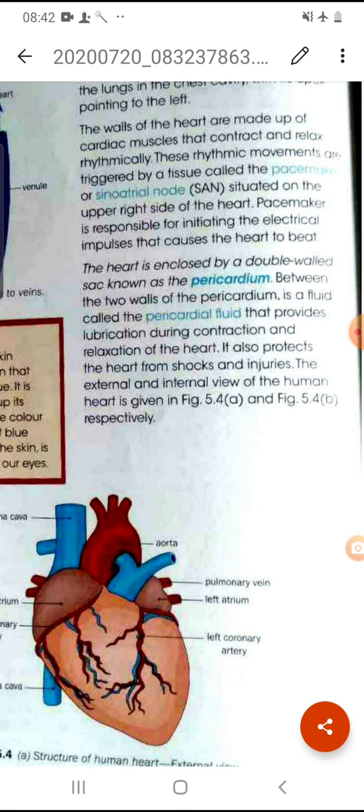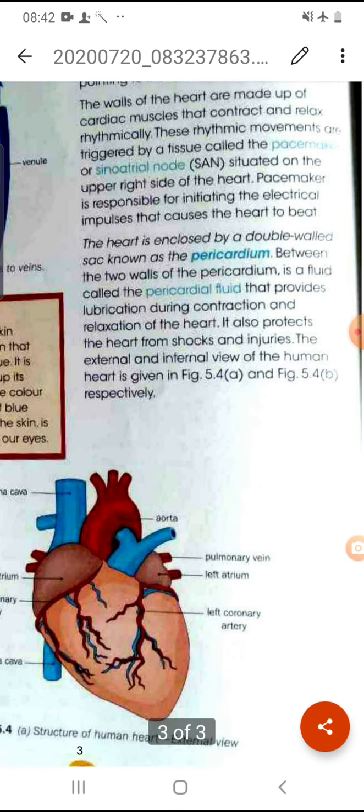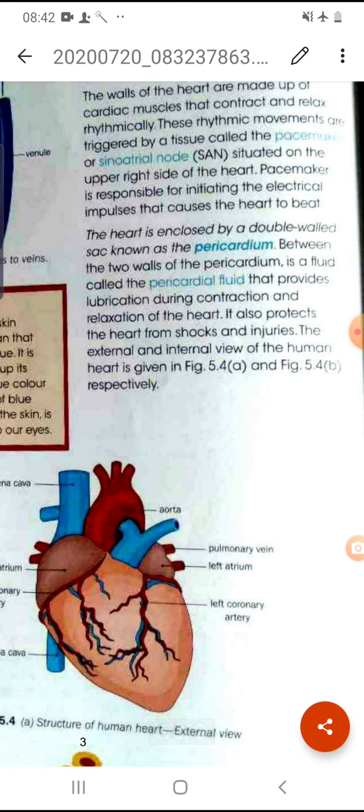So this pacemaker is responsible for initiating the electrical impulses that cause our heart to beat.